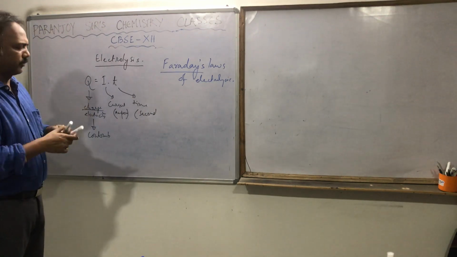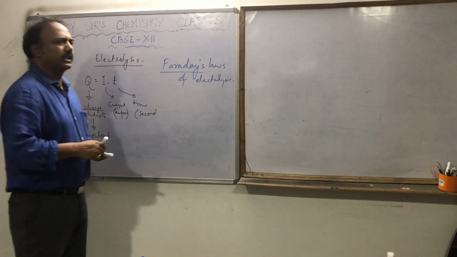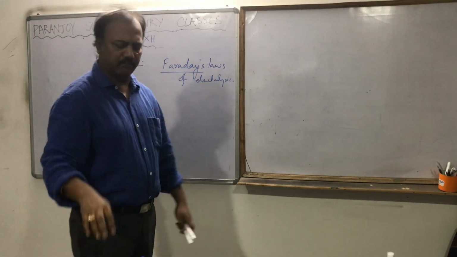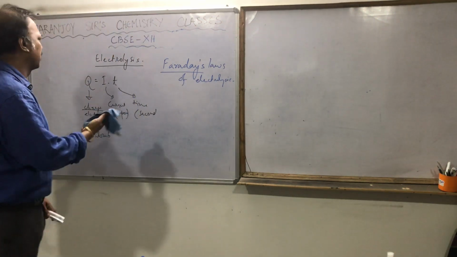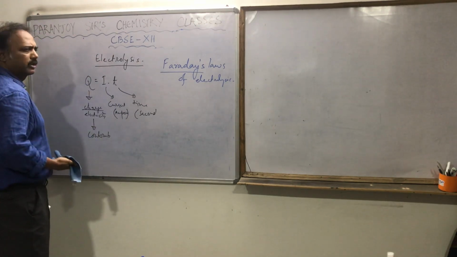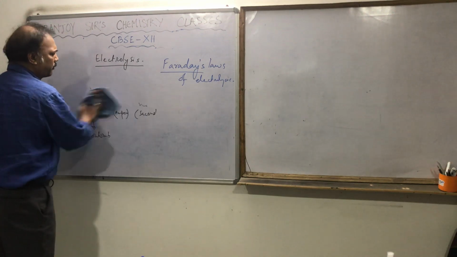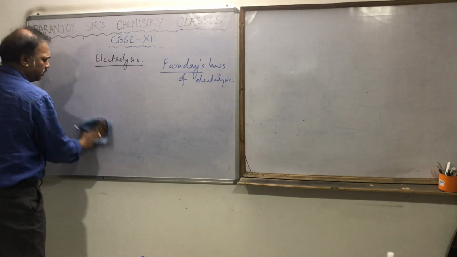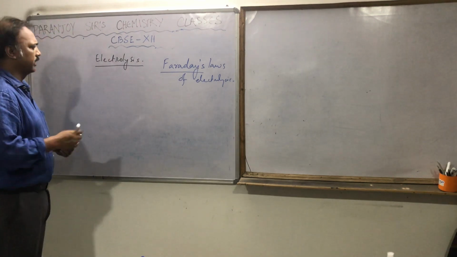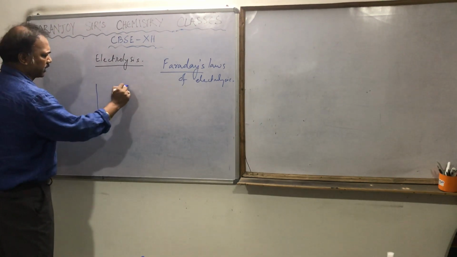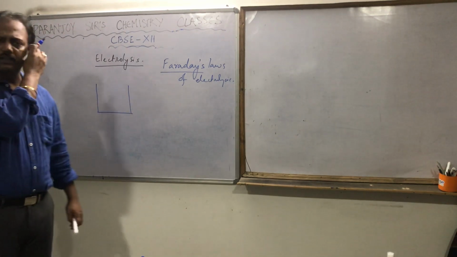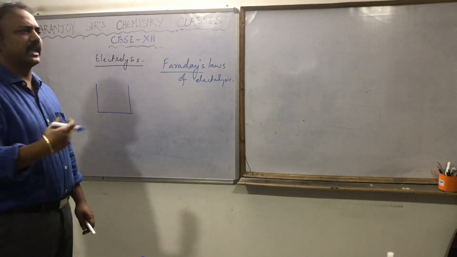Now what he observed is that, fine. Before going to the observation, let me tell a little bit about electrolysis by taking an example. So all of you know Q is equal to IT. Fine. So suppose any electrolytic salt. Suppose we have taken some sodium chloride in the molten state.